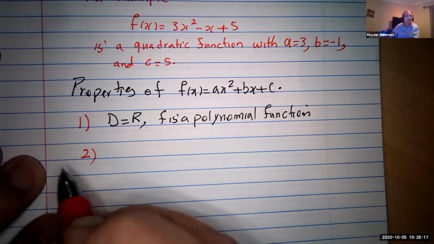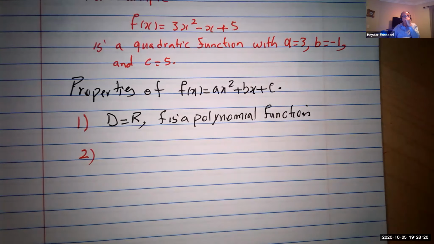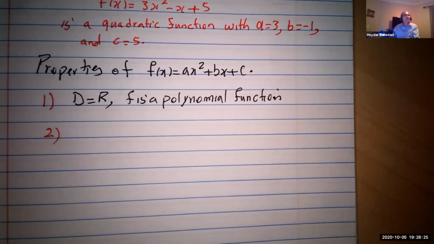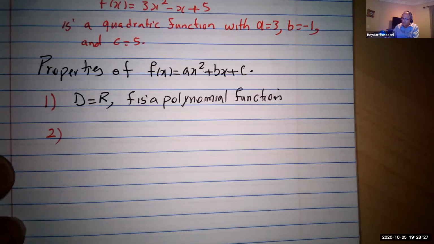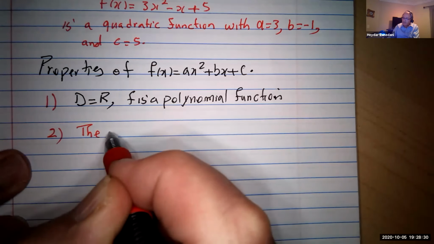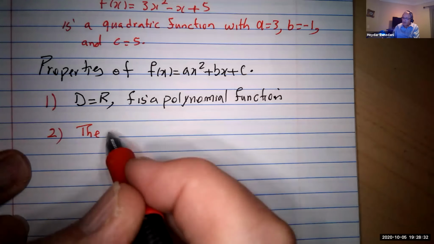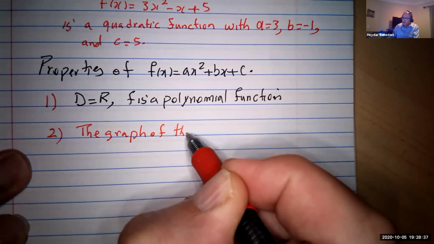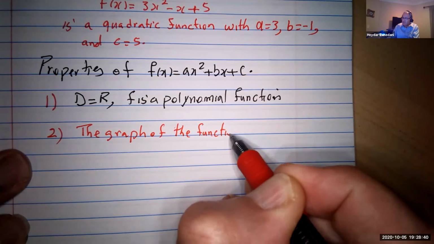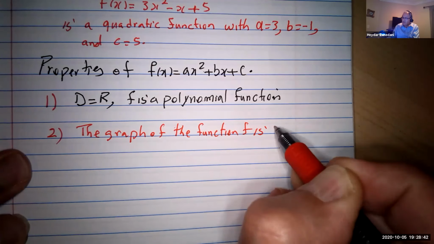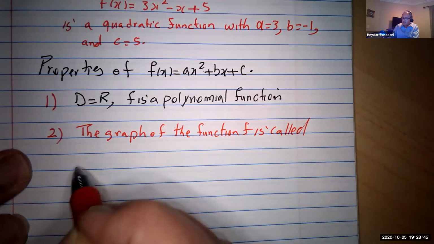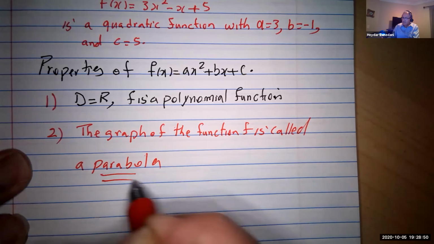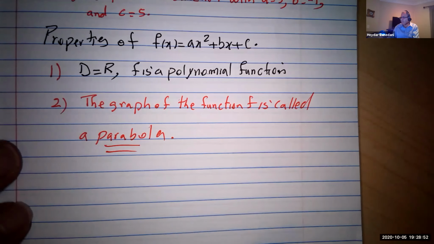Second one, the graph of this function. The graph is a very popular one. The graph is a parabola. Okay, so the second part, the graph of the function f is going to be called, you know, a parabola.